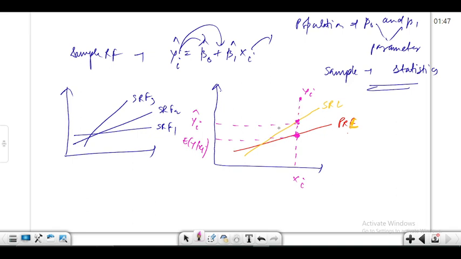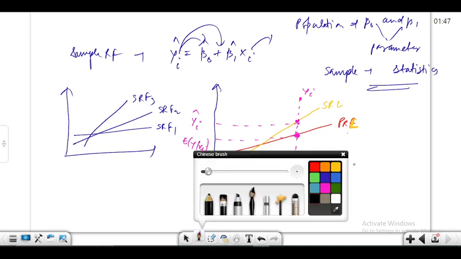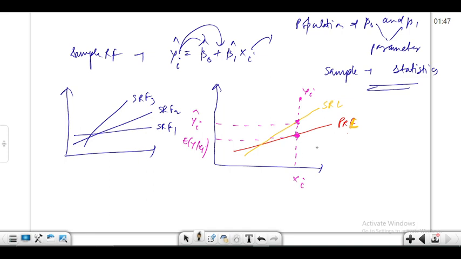Let me join this. I see that this difference is your ui. This is the gap between the actual value and the expected value of y given xi. And this is your ui hat, for the sample.